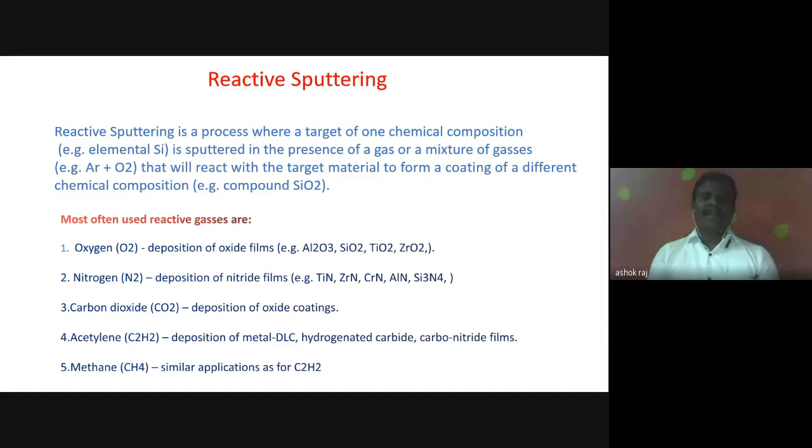The most often used reactive gases are listed here. Oxygen is used to deposit oxide films, nitrogen gas is used to deposit nitride films, carbon dioxide is used to deposit oxide coatings, acetylene is used to deposit carbide and nitride films, and methane has a similar application as C2H2.